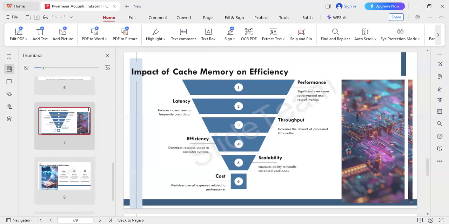Secondly, we have latency reduction. Its effect is faster access to frequently used data, and its result is improved system responsiveness. Moving on to the third one, throughput.